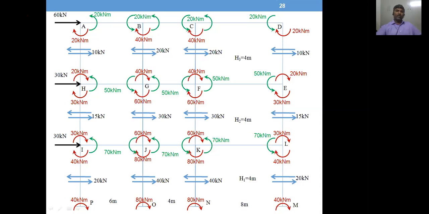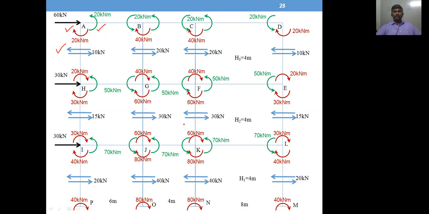So step 1 answer, column shear you draw first, then step 2 column end moment you have drawn. Now you draw these green arrows, all these green colored arrows are beam end moments that you draw like this. You see how you have to accommodate all the arrows. There should not be any confusion.